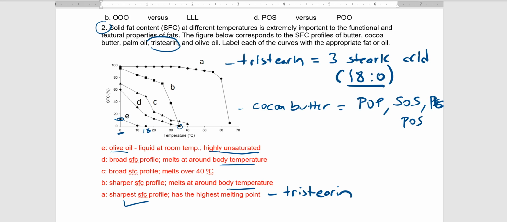It has only one double bond. So cocoa butter contains a high proportion of saturated fats, but is mainly composed of these 3 triacylglycerols.